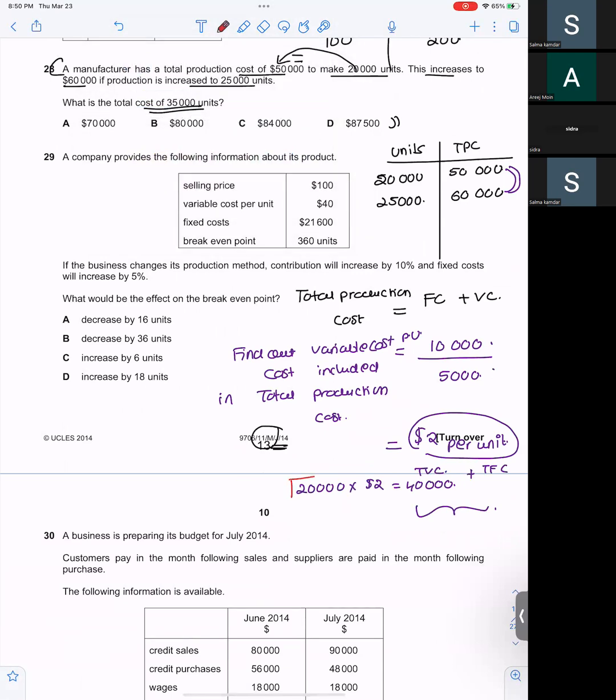For 20,000 units, what is the total production cost? 50,000. I found the variable cost included in my total production cost, $2 per unit, so 40,000 is the variable cost. Can you tell me what will be the fixed cost?